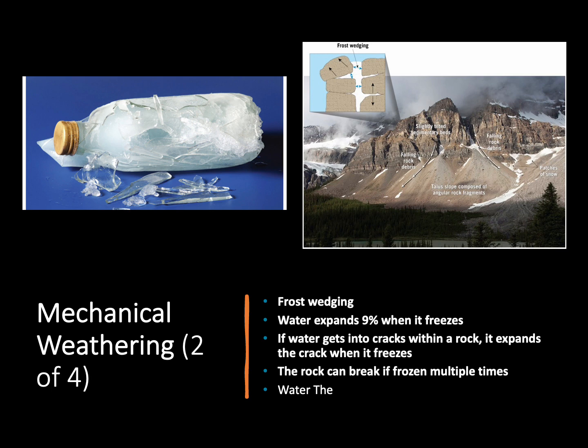So if water can get into the cracks when it's a liquid, when it freezes, it's going to expand those cracks by about 9% every time it freezes. So if we have periods where lots of freeze-thaw cycles are happening, where we have several days where that liquid water is freezing into ice, that crack is just going to keep growing in size until eventually an entire piece of rock can break off.